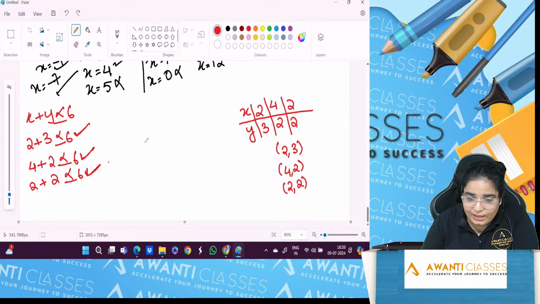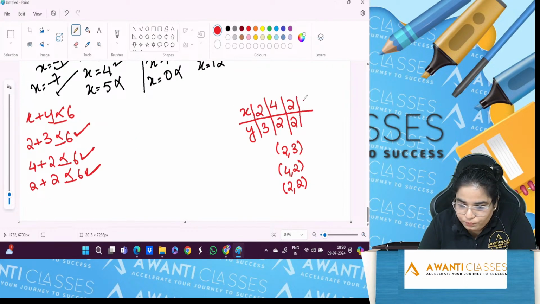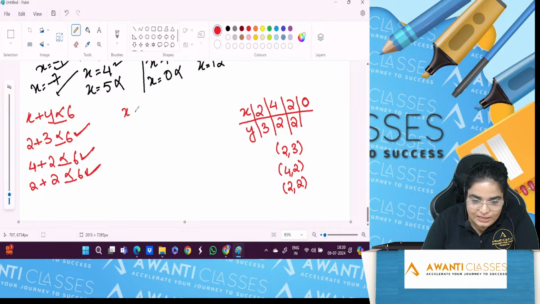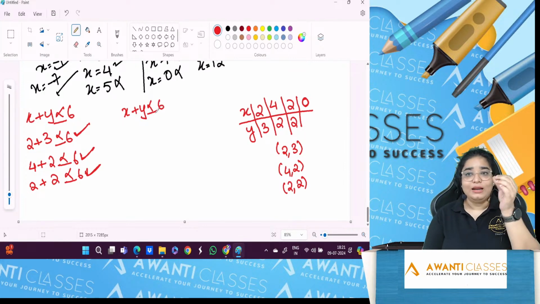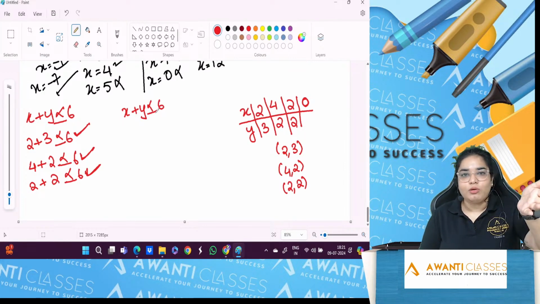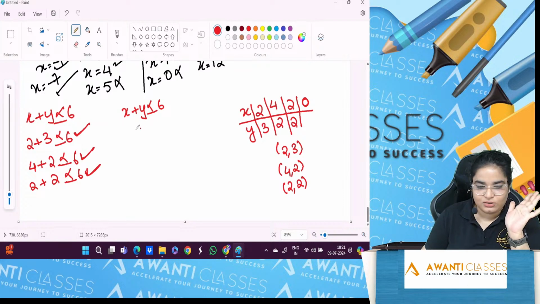If I take x as 0, what will y be? If I say x plus y should be less than or equal to 6, the maximum x plus y can be is 6.